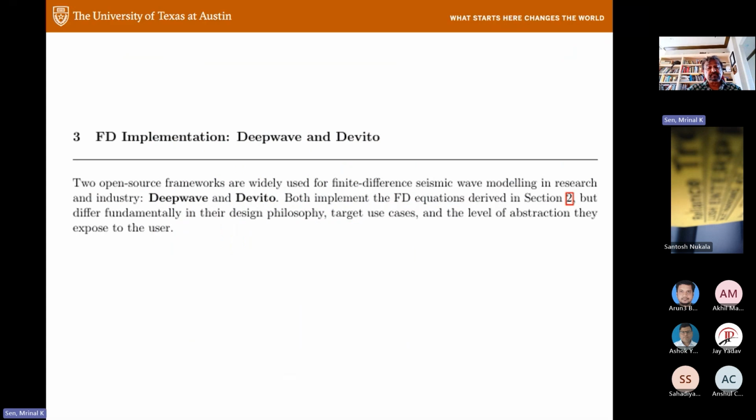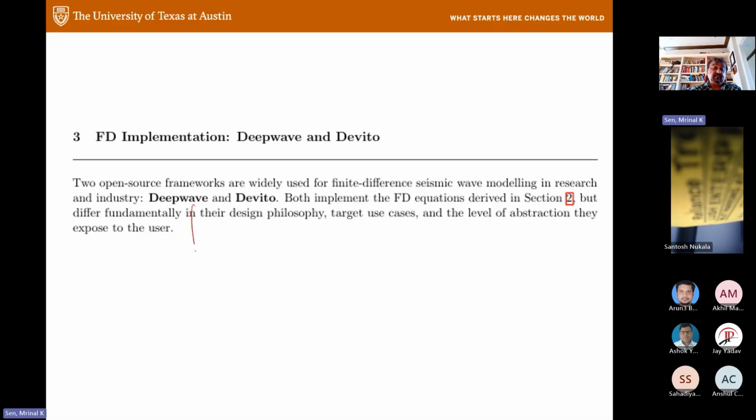So here there are two packages that are open source and are available for people to play with, which is really nice, because now you can write a lot of these codes and run many of these models pretty easily. One is DeepWave, another is Devito.